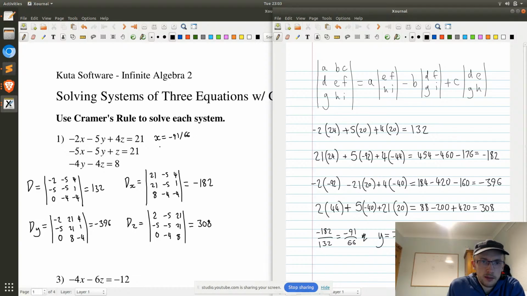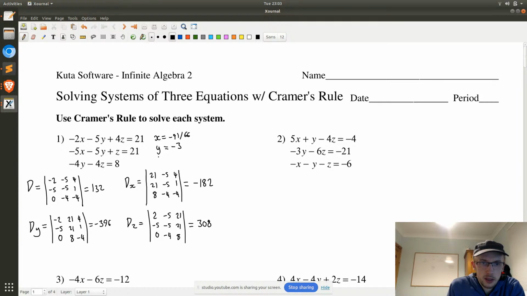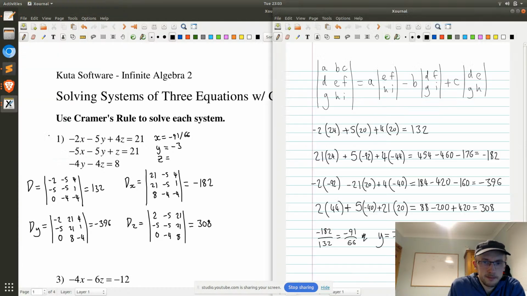So y is appreciable, and z is this, which becomes this, which becomes, no, it doesn't, wrong. That's 14 times 11. 14 times 11. So cancel that out, please. Okay.